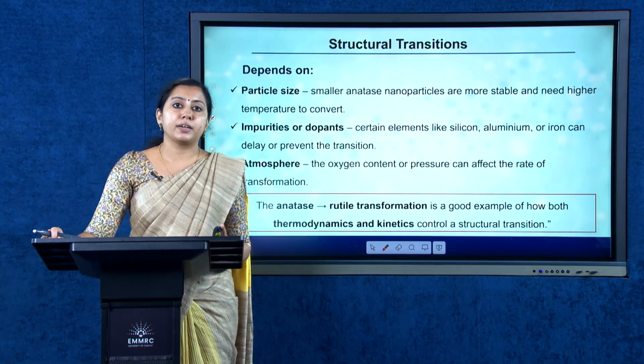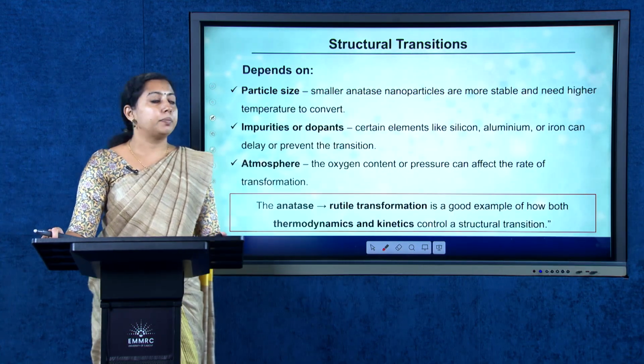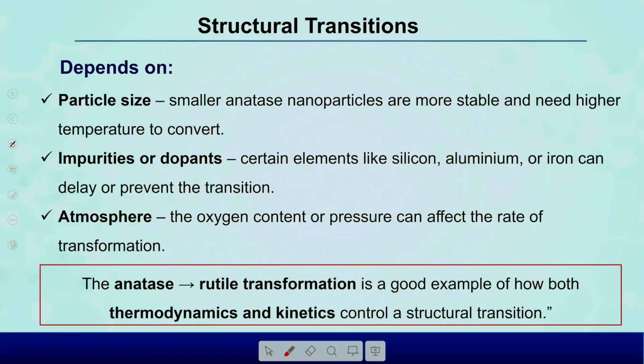Now, what factors does this structural transition depend on? The main factor is the particle size. Smaller anatase nanoparticles are more stable and they need higher temperature to convert. So, if the particle size is less, they will be quite stable, and you need a higher temperature to convert it into another polymorph.